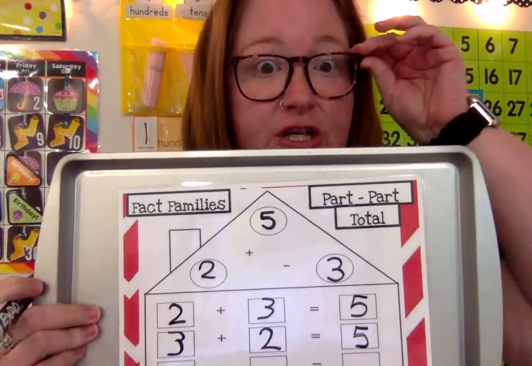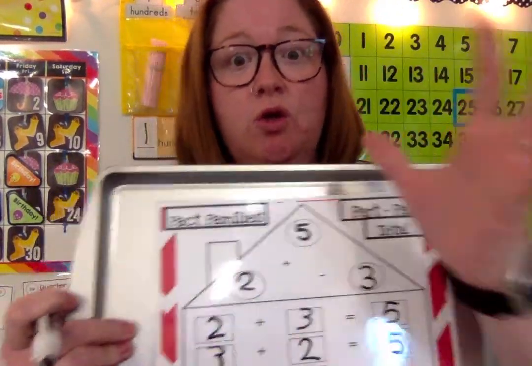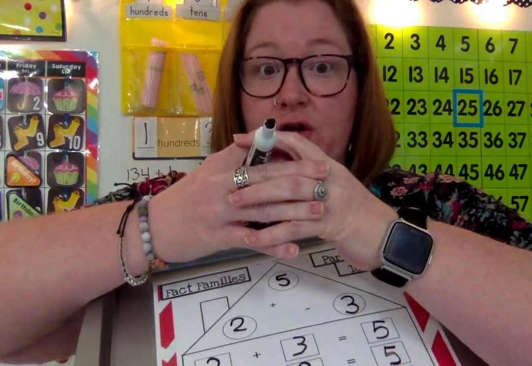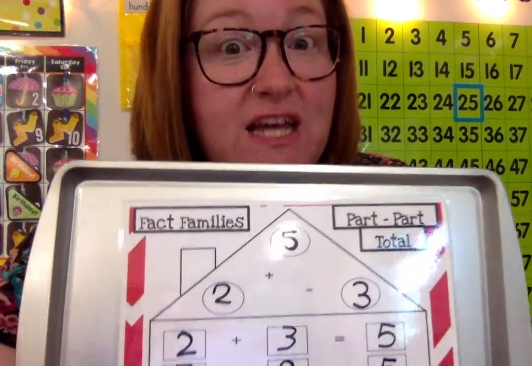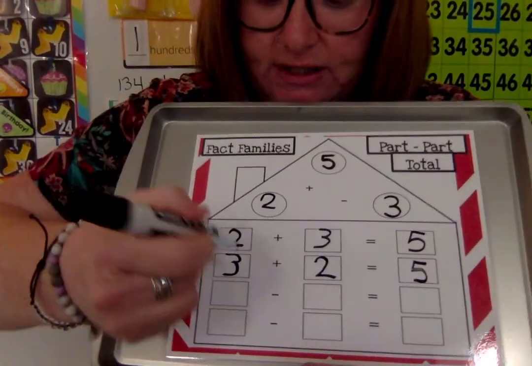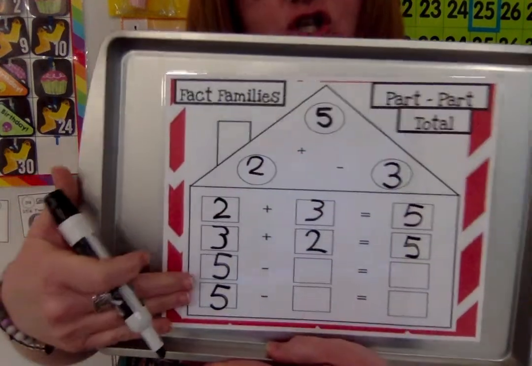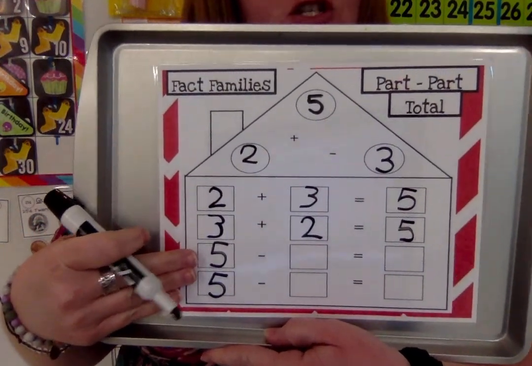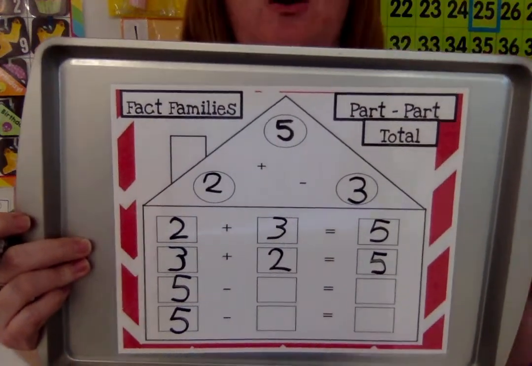Now, for those related subtraction. Remember subtraction, we have to start with our total, those 2 parts together, the total. So both of our subtraction or takeaway problems are going to start with a 5 because that's our total. So subtraction starts with the total, then we can find the other parts from it.